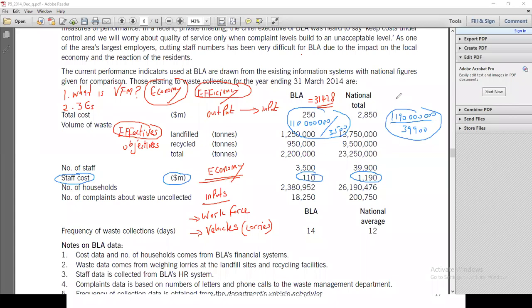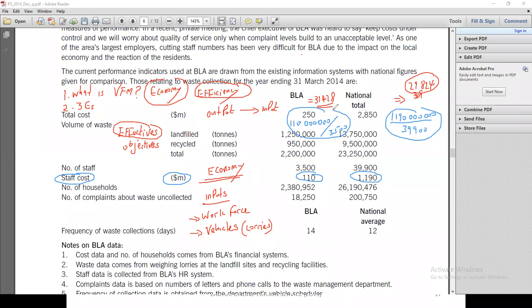What of here? 29,824. That's okay. There we are.